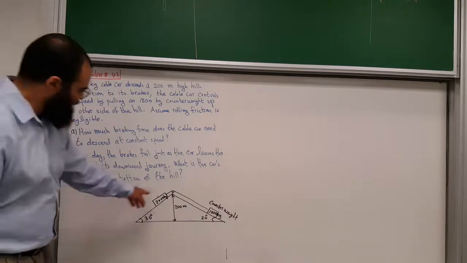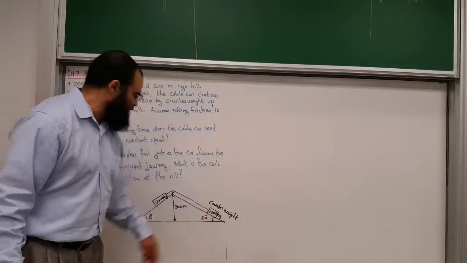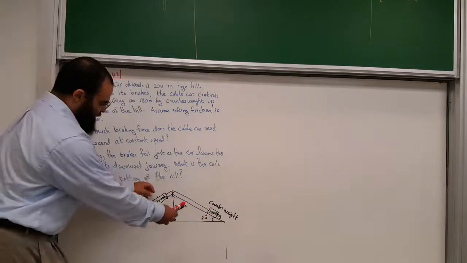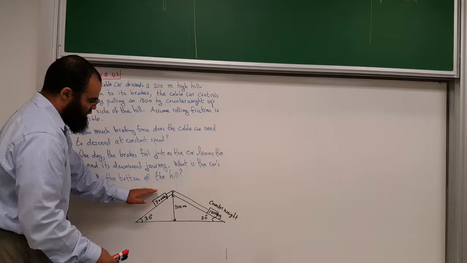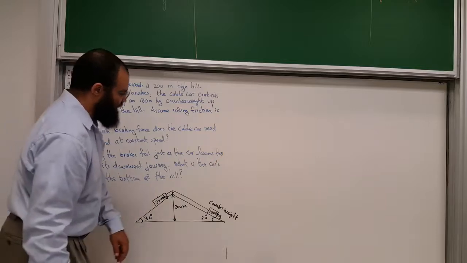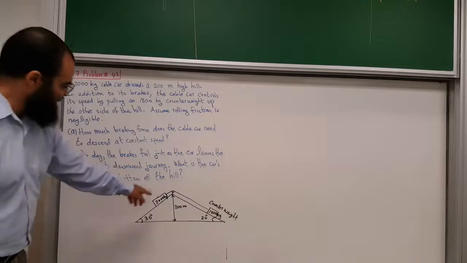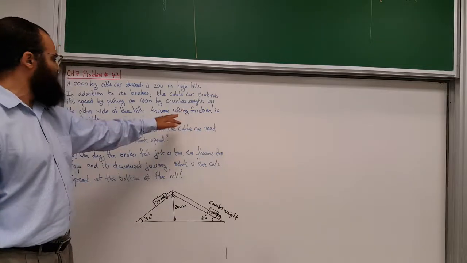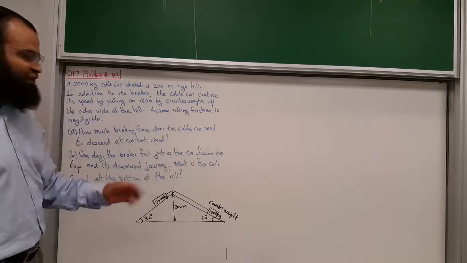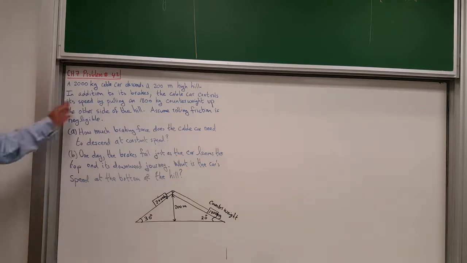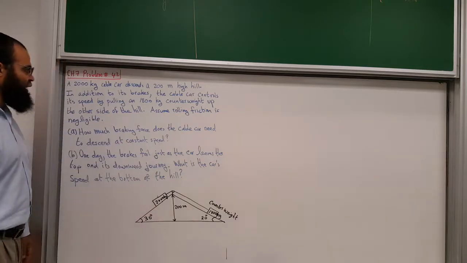And so it's connected by a cable to this mass here. It's called a counterweight, just to make sure that the car slowly goes down. And they say assume the rolling friction. It has wheels, and so let's assume the rolling friction is negligible. The counterweight is 1,800 kilograms.